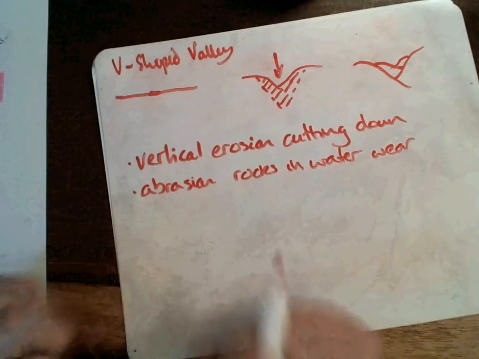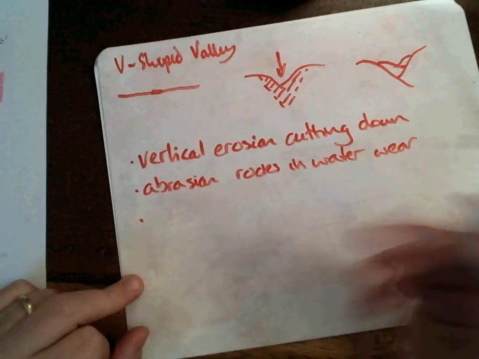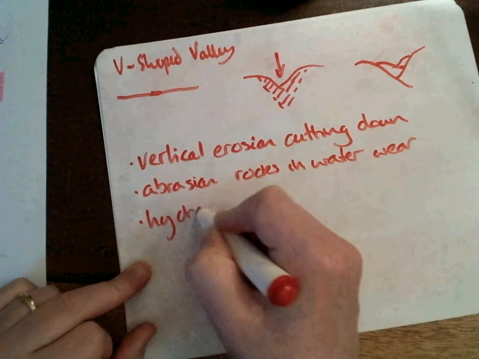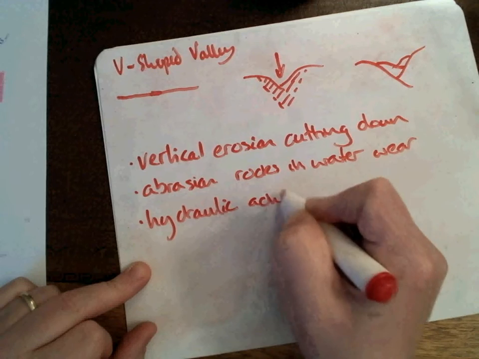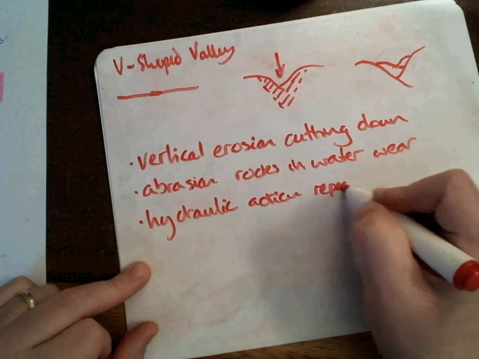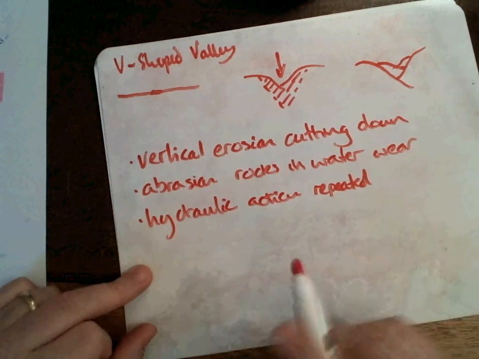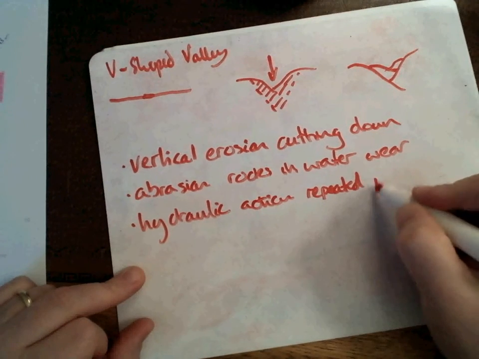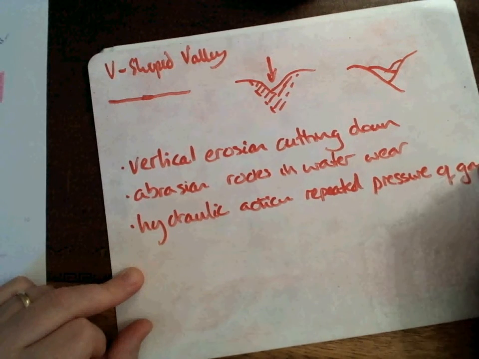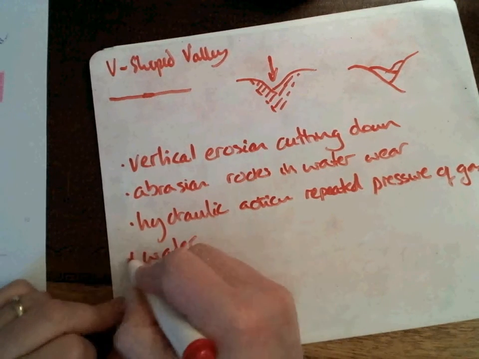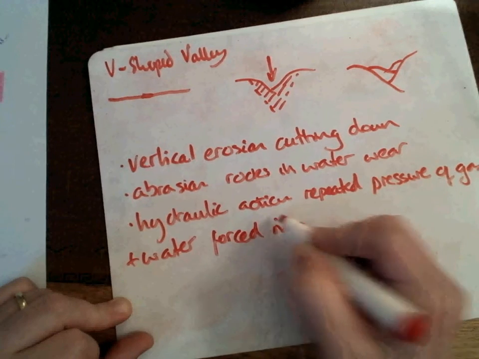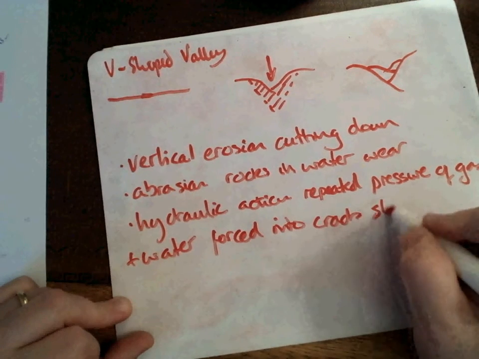wear the land away. There's a second process by which vertical erosion cuts through the land, and that is hydraulic action. And that is when the repeated, that's important, the repeated pressure of gas and water being forced into cracks shatters the rock apart.